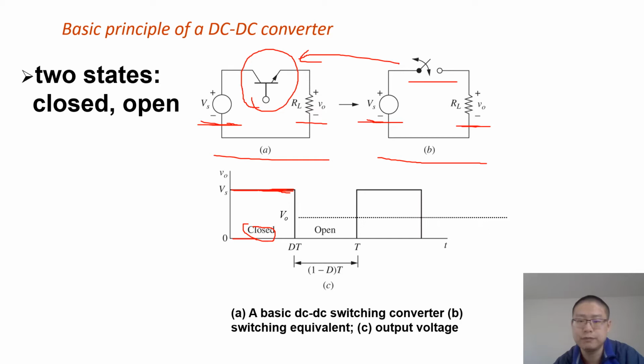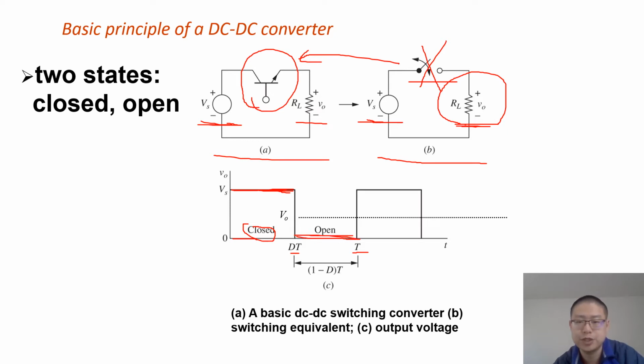Next, when time is between DT to T, we assume the switch is open. When the switch is open, the load is not connected with the source, so the output voltage VO equals 0.